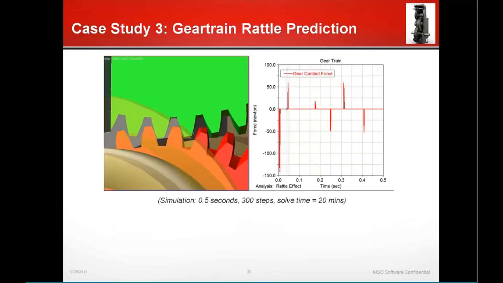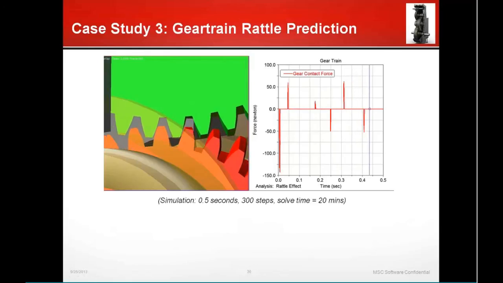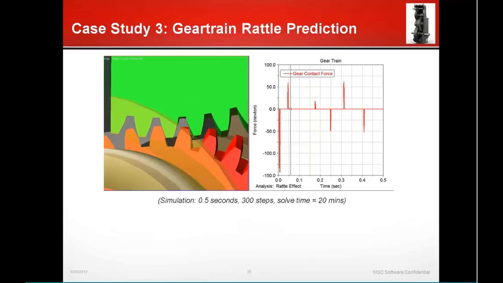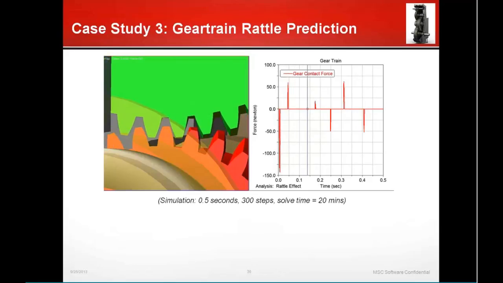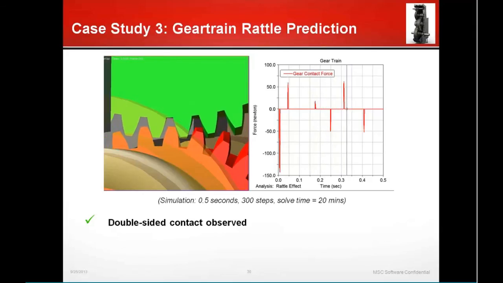We were able to perform the simulation of about 0.5 seconds with 300 steps, and it takes about 15 to 20 minutes for a 2-year-old laptop to run the whole analysis. Some of the benefits, obviously, are that we can observe the double-sided contact between two gears.